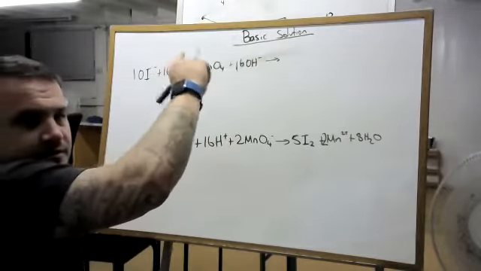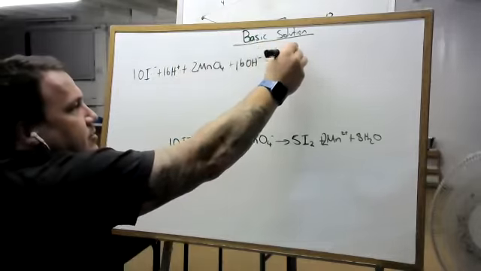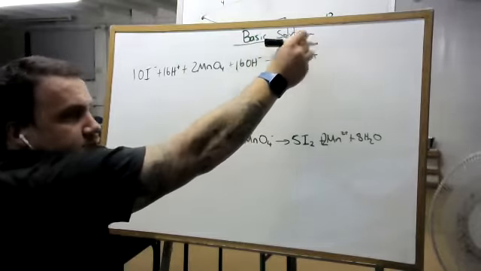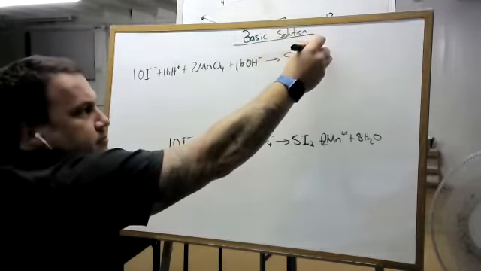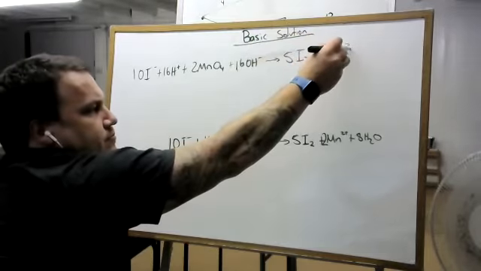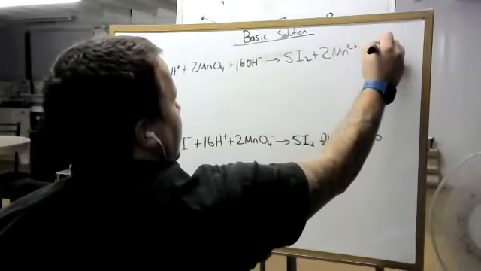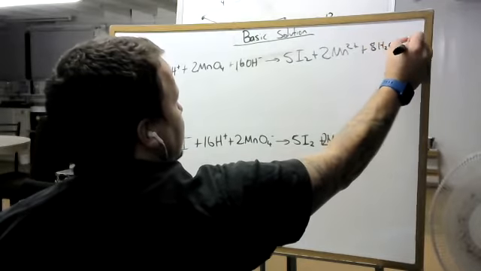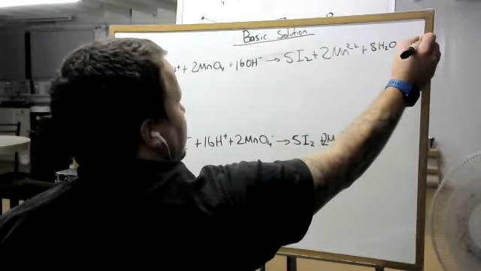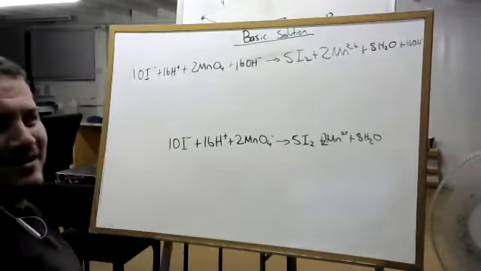Plus 8H2O plus 16 OH minus. All right, rewrite that equation.